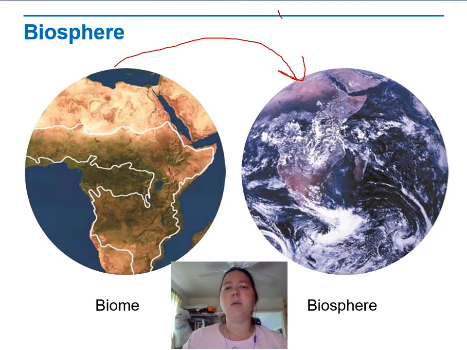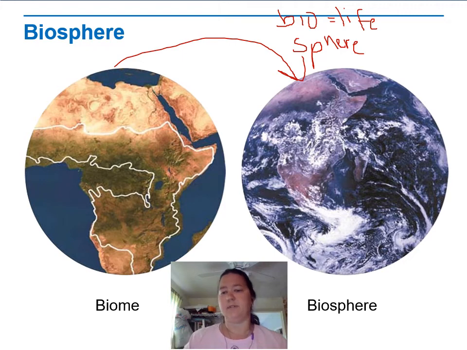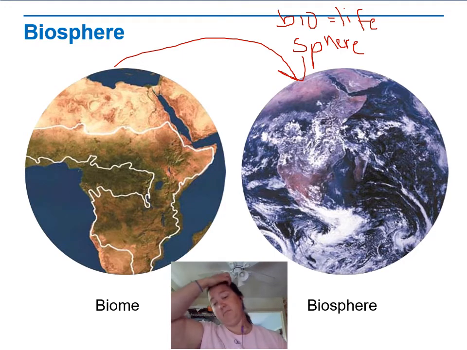So if bio means life, all right, bio means life, and then sphere basically just means the earth. So everywhere on Earth that you see life, okay, and that's the biosphere, which is basically almost everywhere in the world.